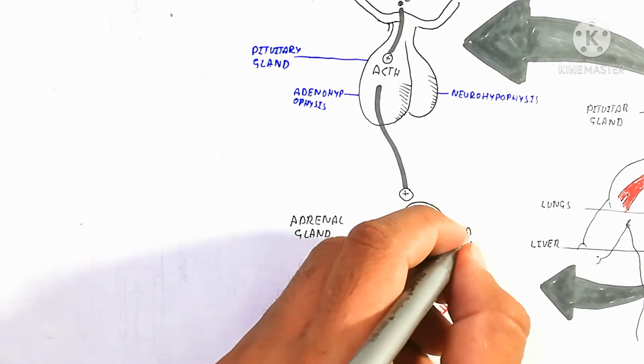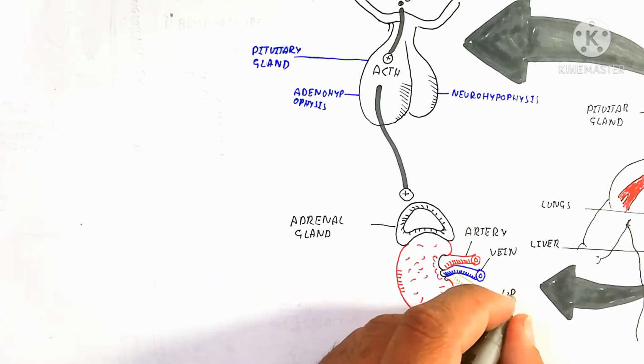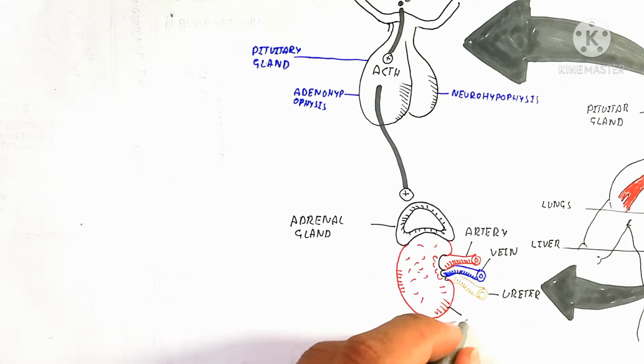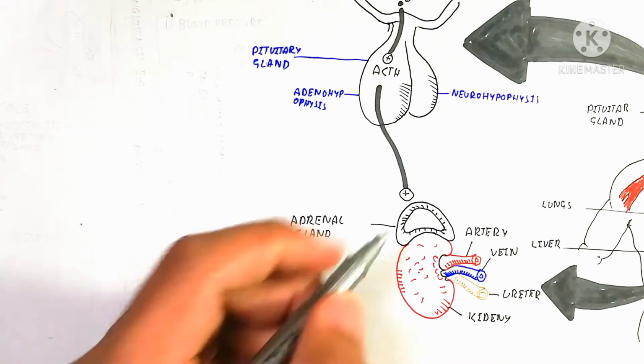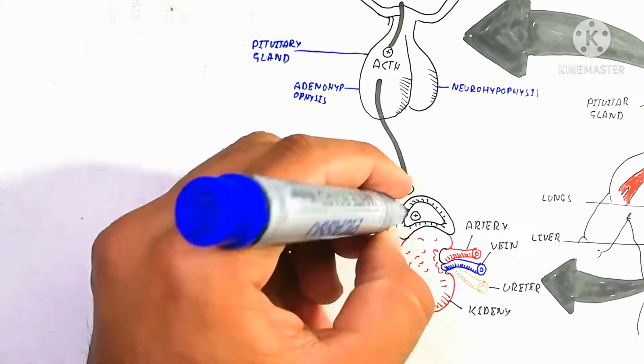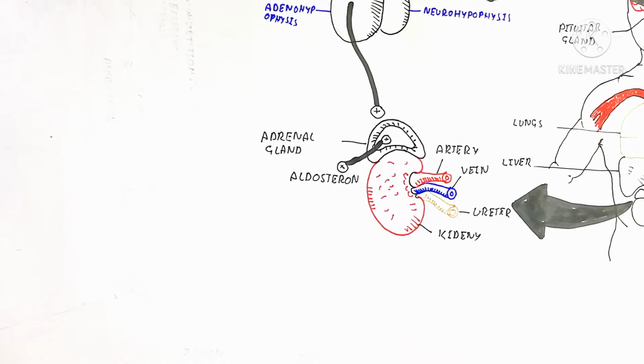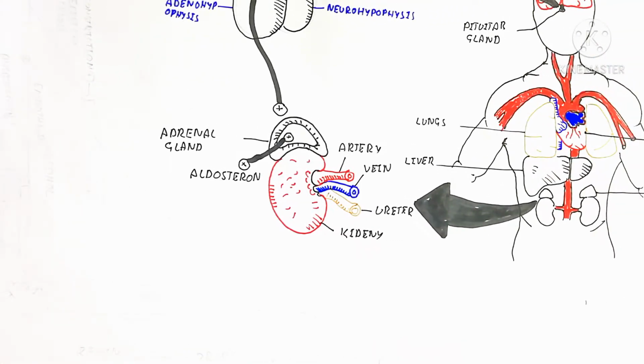So all that is done, and aldosterone is due to the uptake of sodium and water. So that is the positive effect of backflow of the sodium and water from the nephron. So that is a positive effect.